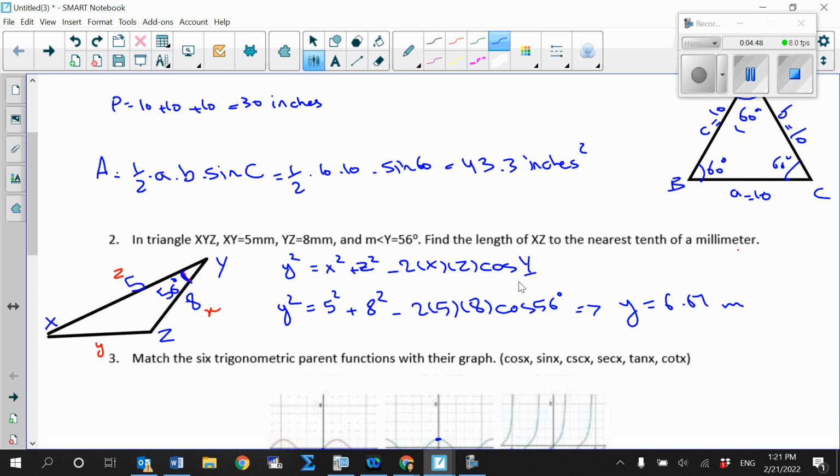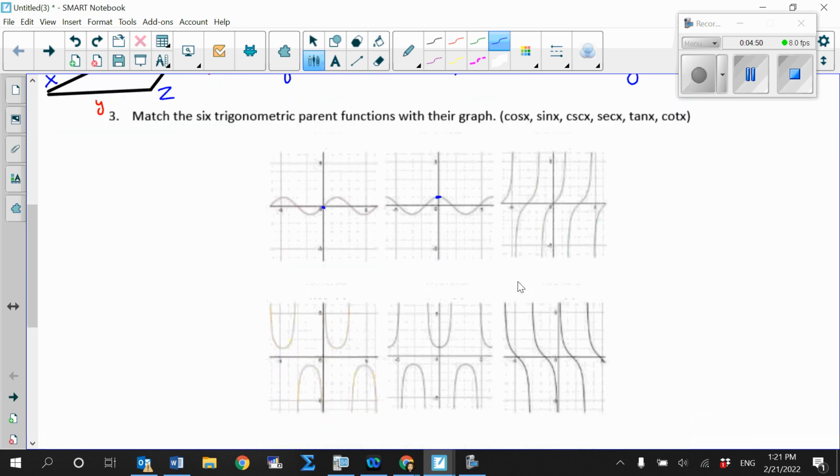Okay, now let's go to the next question. We are trying to match these functions, sine, cosine, secant, cosecant, tangent, and cotangent, with these graphs. Sine and cosine are easy. Sine is a periodic function that starts with a middle point at 0.